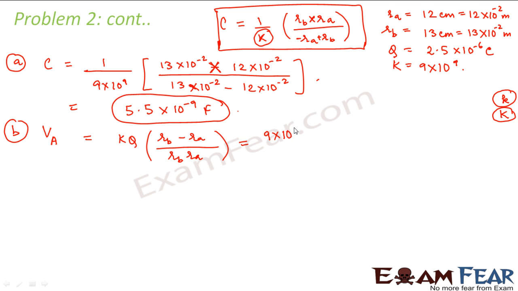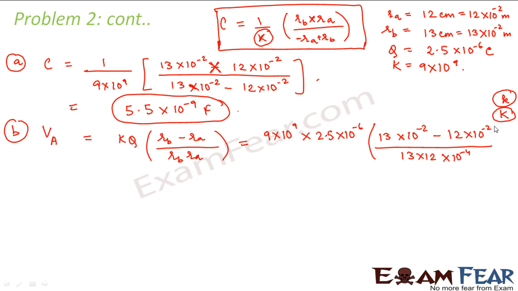K is 9 into 10 to the power 9, Q is 2.5 into 10 to the power minus 6, RB minus RA, that is 13 into 10 to the power minus 2 minus 12 into 10 to the power minus 2, divided by 13 into 12 into 10 to the power minus 4.